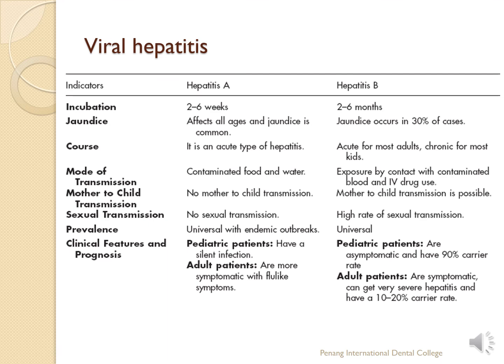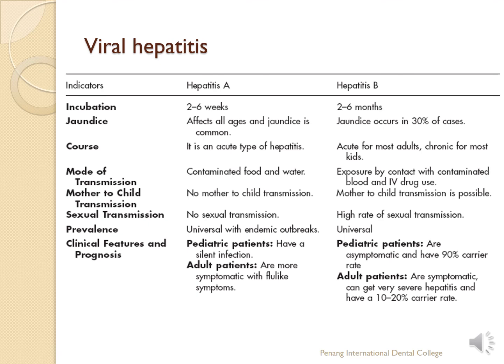The virus affects the liver, and it can have an acute phase for most adults and a chronic phase for most kids, which means the patient will become a carrier when the disease takes a chronic course. It is mainly contracted by exposure to contaminated blood and IV drug use.